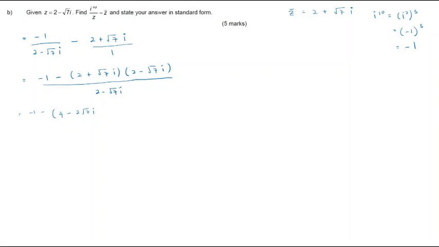Square root 7i multiplied by 2, so plus 2 square root 7i.